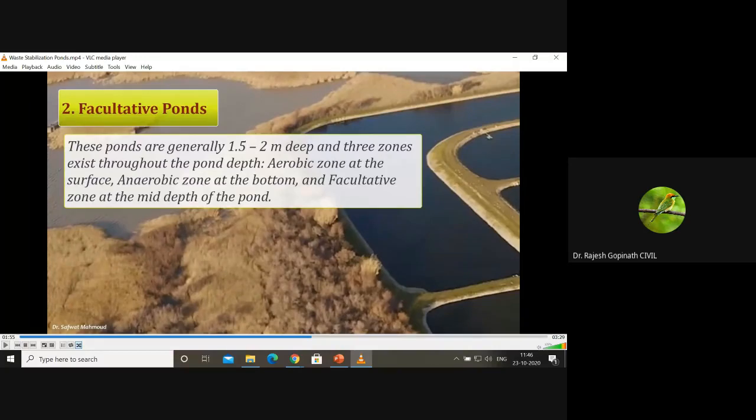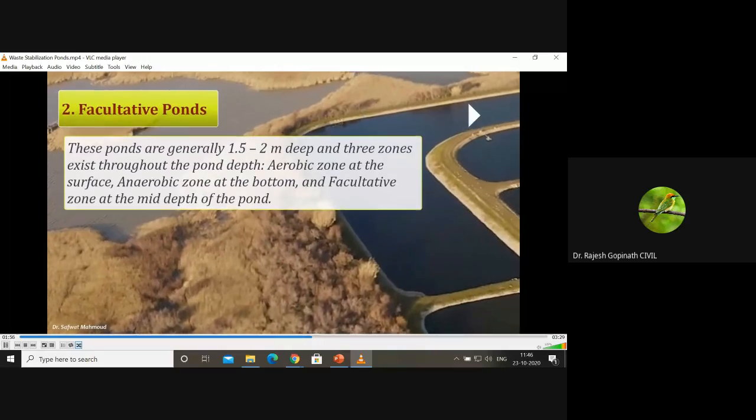Because in facultative ponds, you do find the presence of aerobic bacteria and anaerobic bacteria. They are not strict aerobes or strict anaerobes. These are those which can survive in the presence or absence of oxygen.